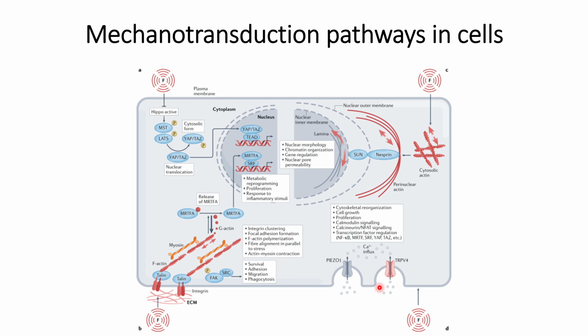Because of the mechanical forces, these pores get activated, and this will cause Ca2+ influx inside the cells, and because of the disruption in the calcium concentrations, it will lead to the triggering of the following pathways that are represented here: cell growth, cytoskeletal reorganization, proliferation, and NF-kappa B, MRTF, SRF, YAP, TAZ.